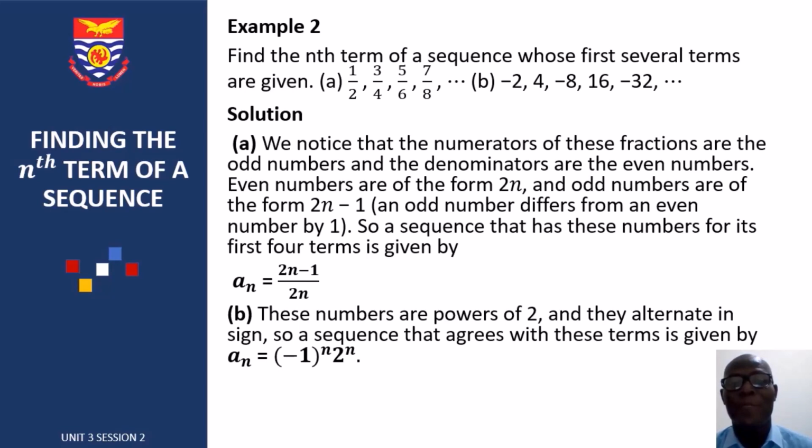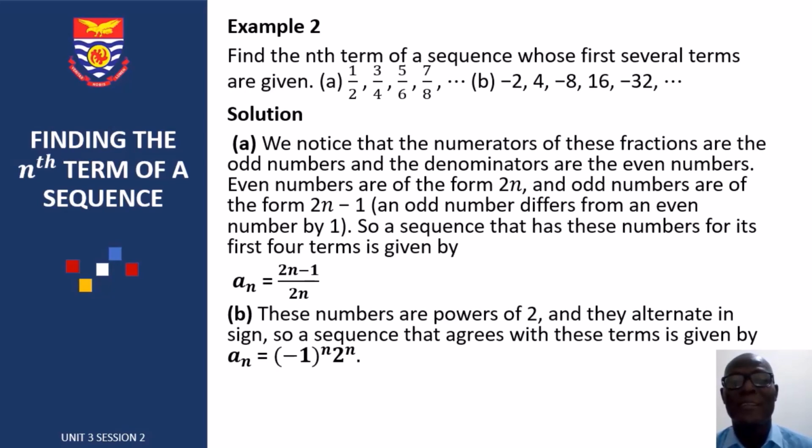If we replace n by 1, we have 2 times 1 minus 1, which is 1. When n is 2, that will be 2 times 2, which is 4 minus 1. When n is 3, that will be 6 minus 1, which is 5. When n is 4, that will be 8 minus 1, which is 7. So the odd numbers we have as our numerators will be given by 2n minus 1.